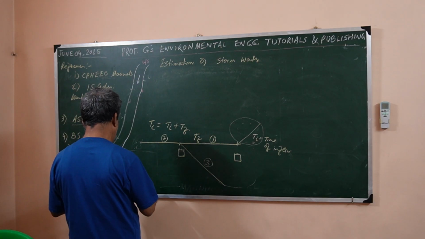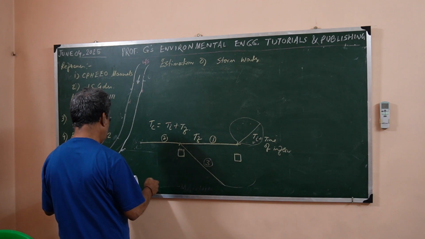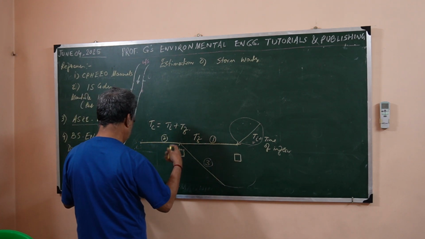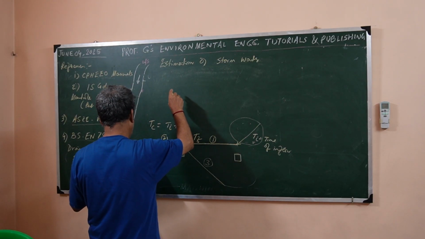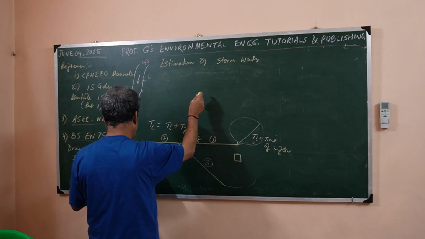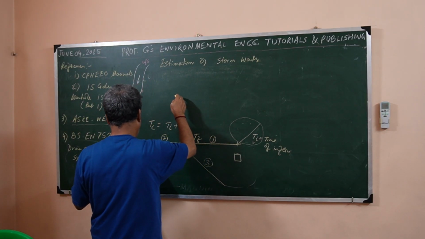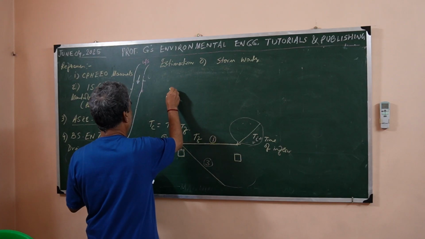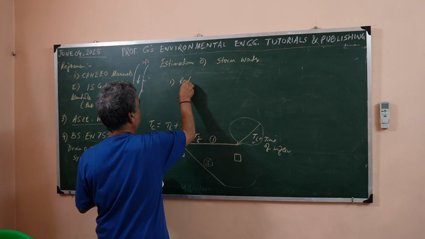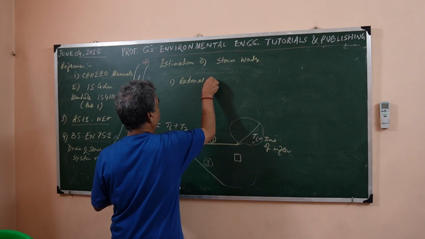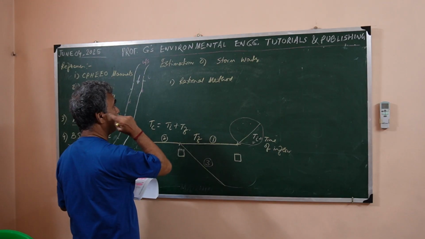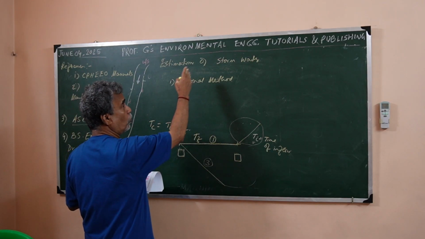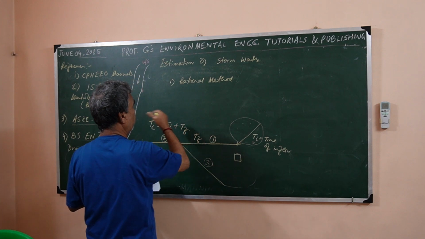These are the methods for estimation of the storm water in the storm drainage system. Number 1 is the rational method. These methods are used to estimate the storm water, right?